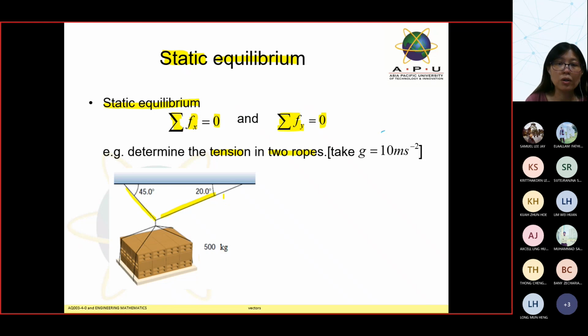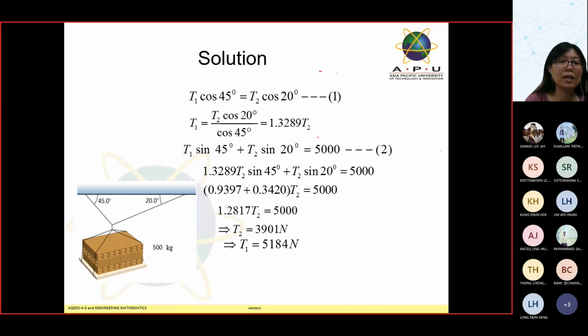So how do we find the tensions of the two ropes here? Look at this diagram again and let's try to understand the angles.